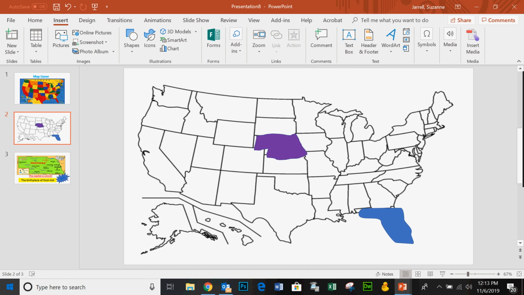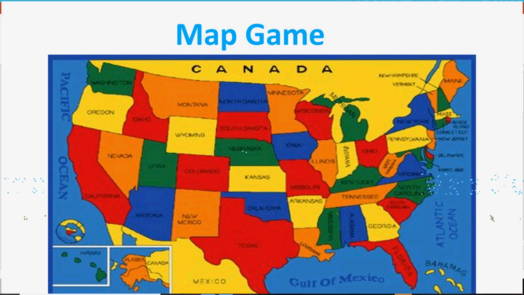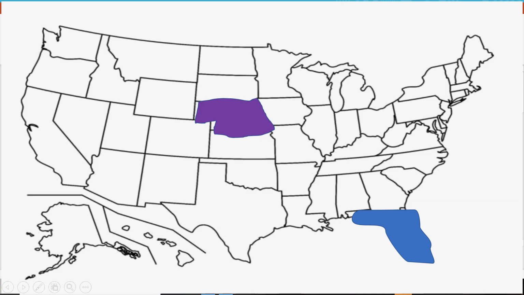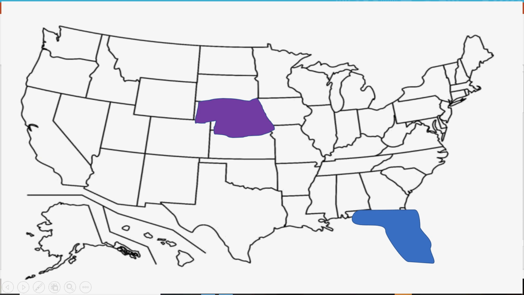Okay, so now if I'm here and I play mine and I click, now I have this. If I go to my Nebraska and I click, it takes me to this, gives me the map, the capital, and a cool fact, and then I can click here and it will take me back.